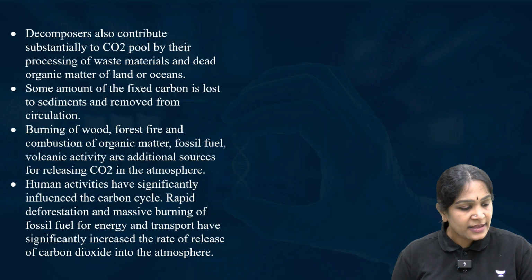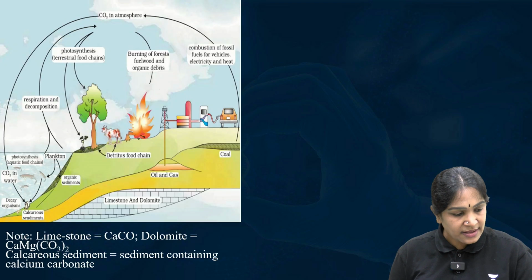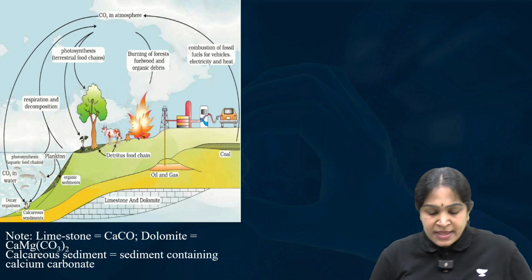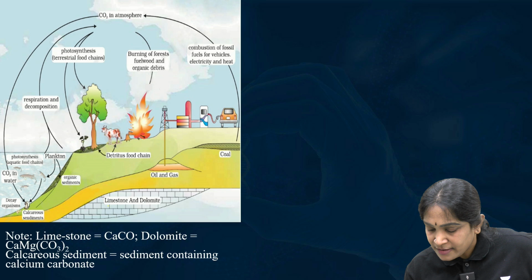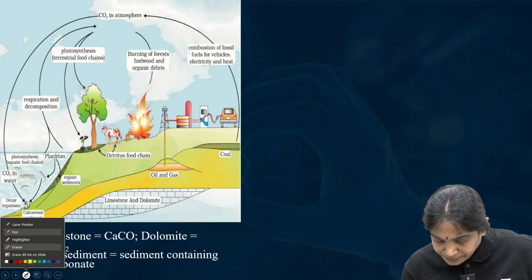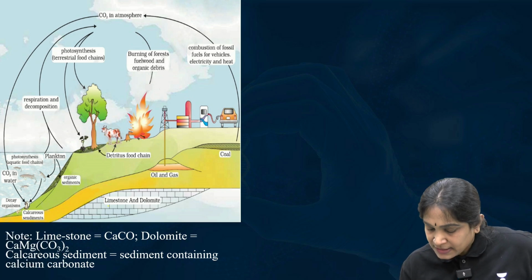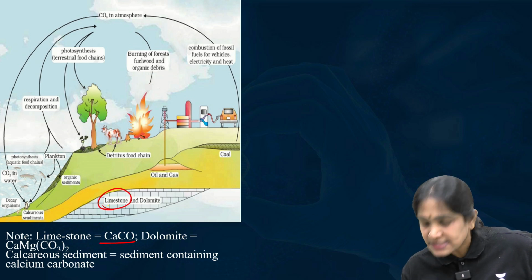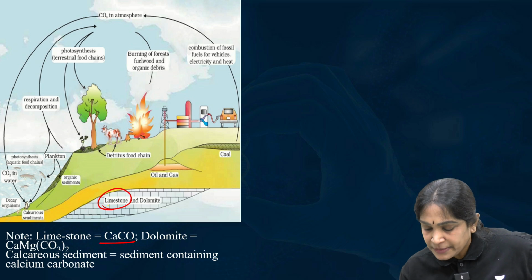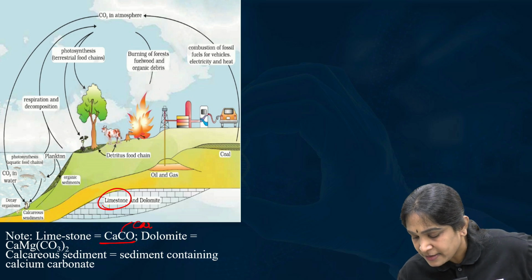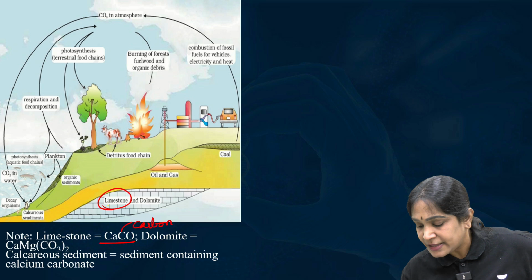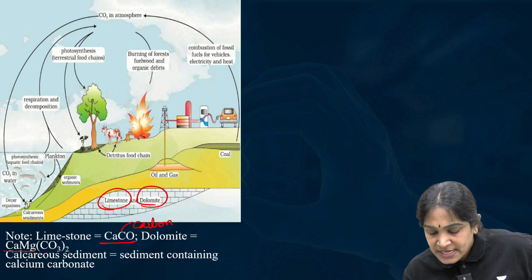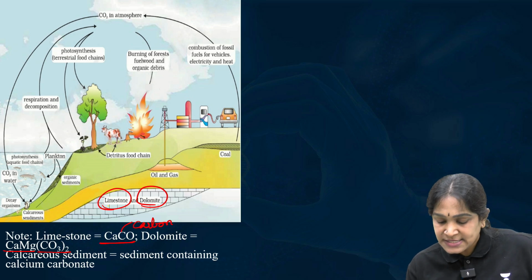The carbon cycling occurs like this. Here you can observe limestone. What is limestone? CaCO3.